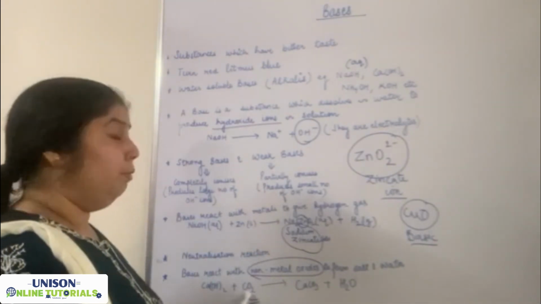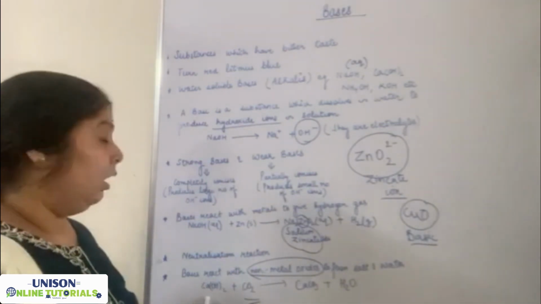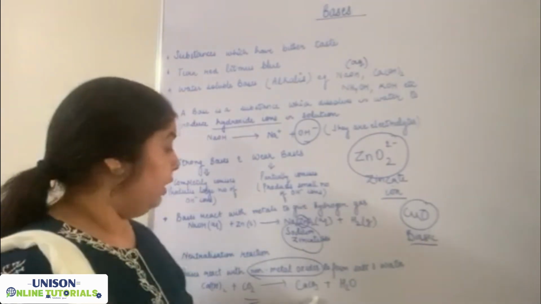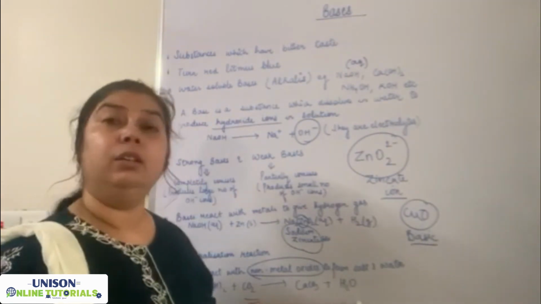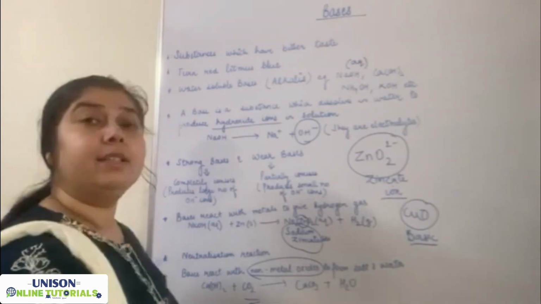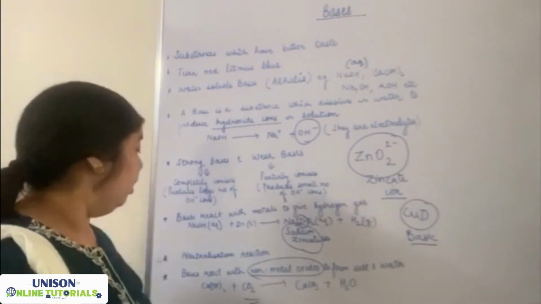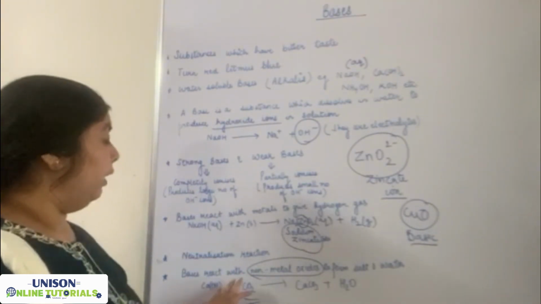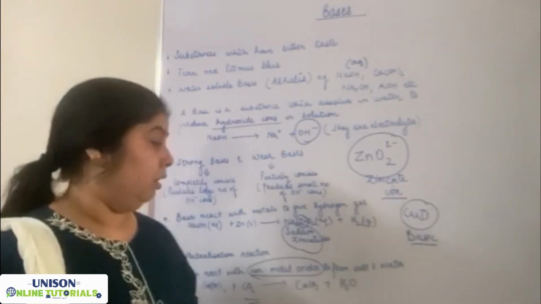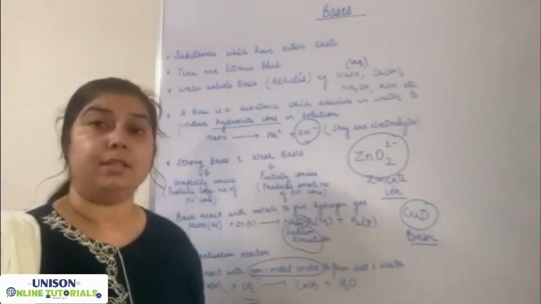So CO2, being acidic, reacts with the base, that is calcium hydroxide, to give you what? Calcium carbonate, that is a salt, and water is produced. So this is another example of a neutralization reaction, where a base is reacting with an acid to give salt and water. So these are all the properties of bases. Thank you.